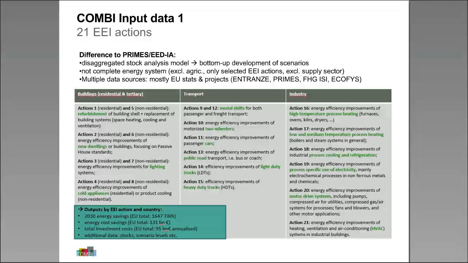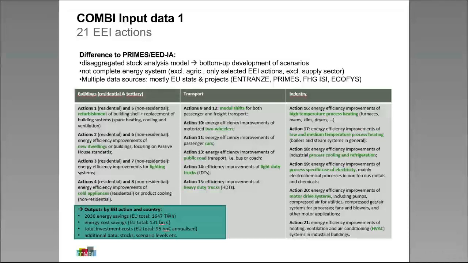What has to be said is that COMBI does not cover the entire energy system, so we do not cover the agricultural sector. That was not possible. And also in the sectors that we cover, there are a lot of other additional possible energy saving actions that we do not cover, but we tried to select the most relevant ones.